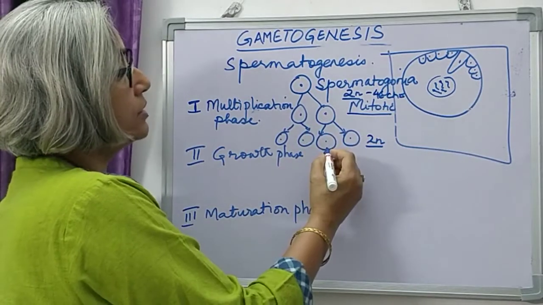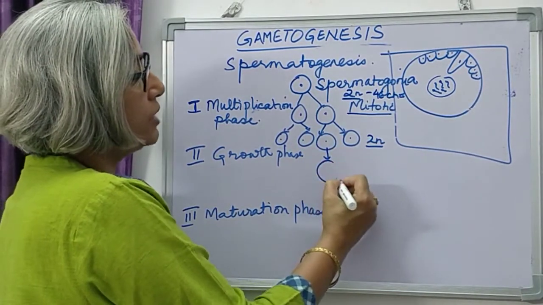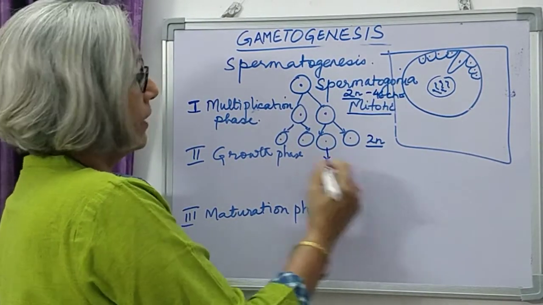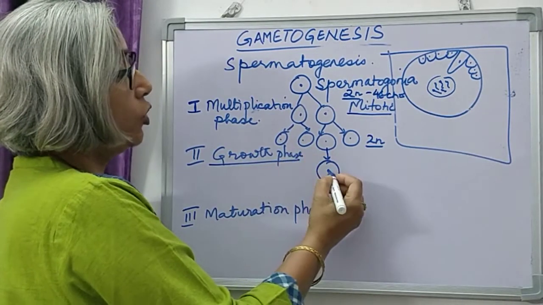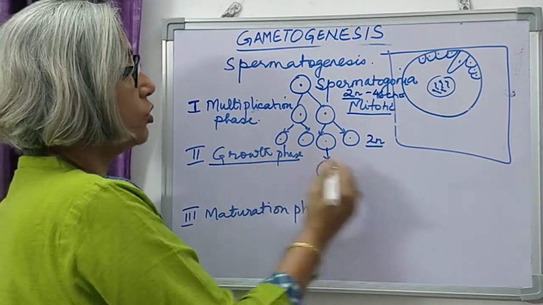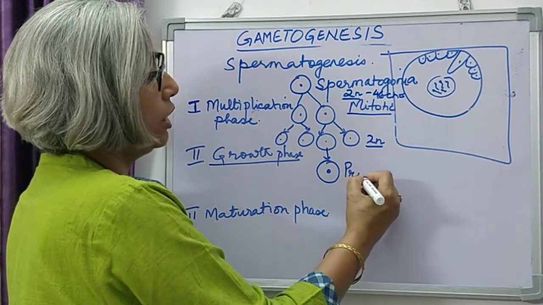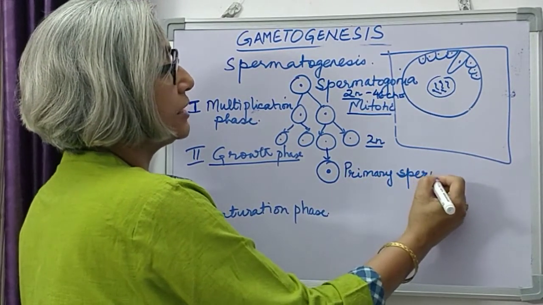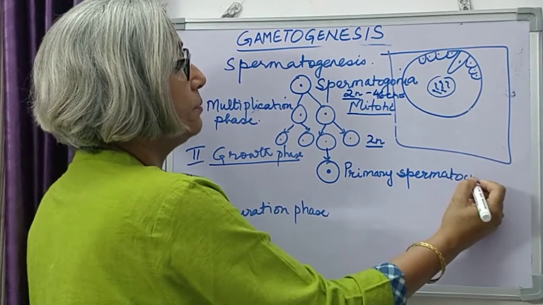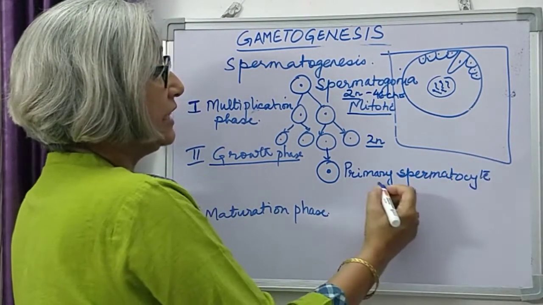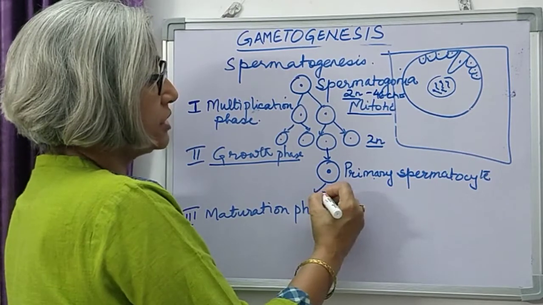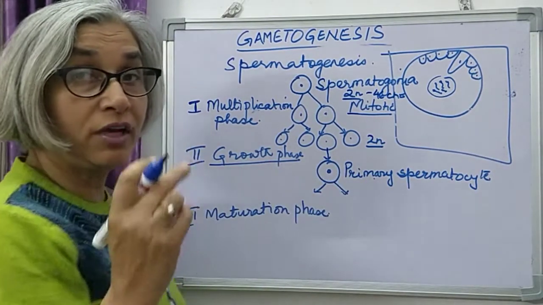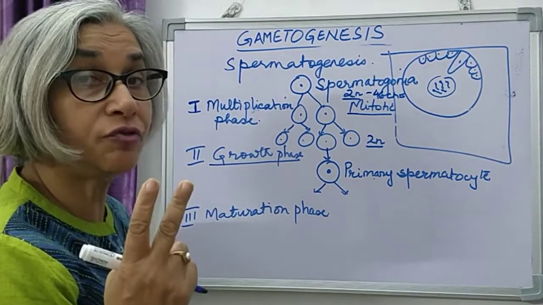So out of these, one of them is going to mature. One of them will grow and mature, and it will be called the primary spermatocyte. This primary spermatocyte then undergoes meiosis. Meiosis, you have learned, takes place in 2 phases.